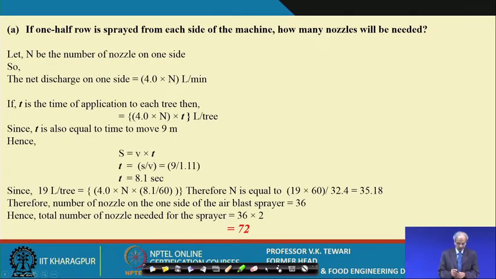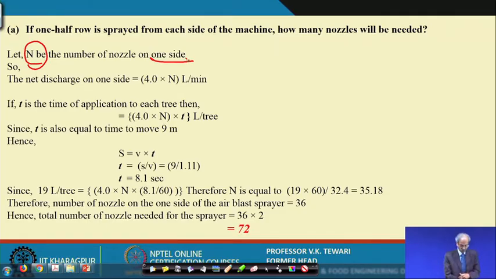So, if one row is spread from each side of the machine, how many nozzles will be required? Let us say n is the number of nozzles on one side. The net discharge on one side will be n into 4, because 4 liter per minute comes out from one nozzle.